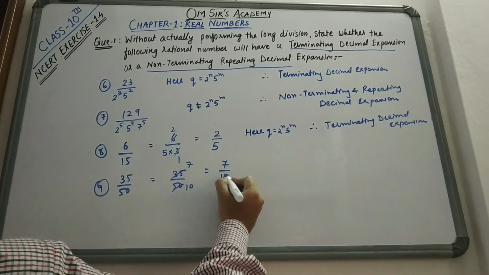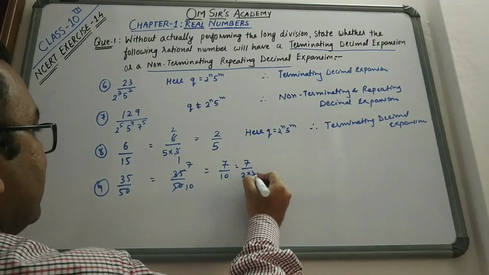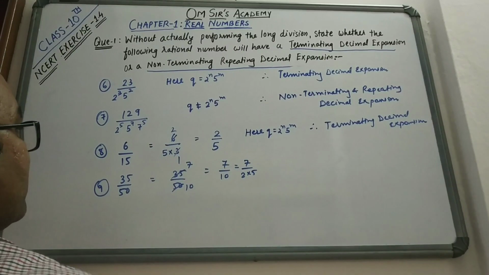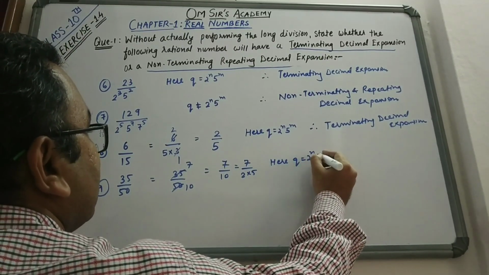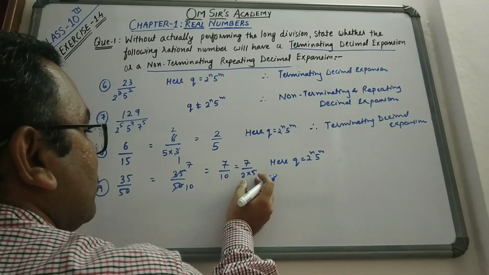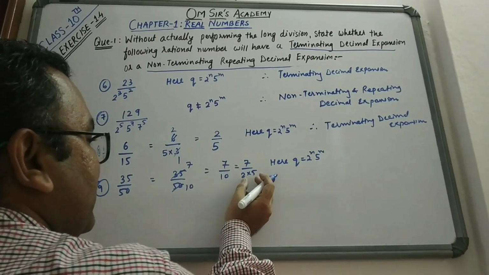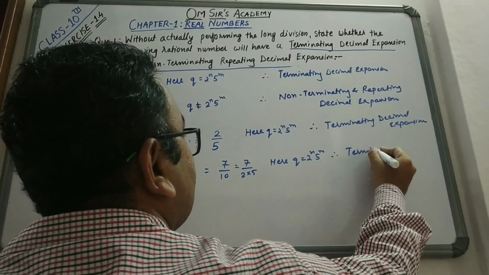So the left part is 7 upon 10. So we can write it as 7 upon 2 into 5. Again here q is presented in the form of 2 raised to n and 5 raised to m. Therefore there is no other prime factor other than 2 and 5 in place of q. So it will have terminating decimal expansion.